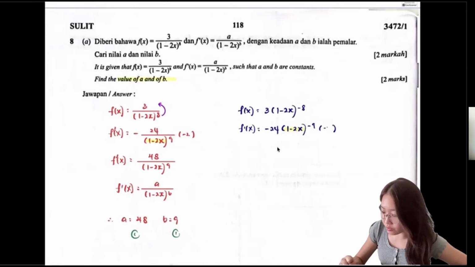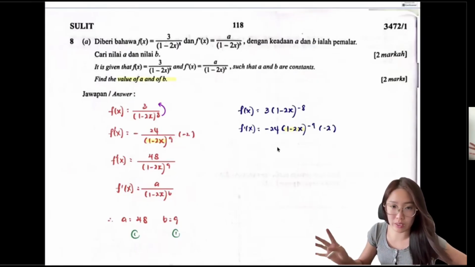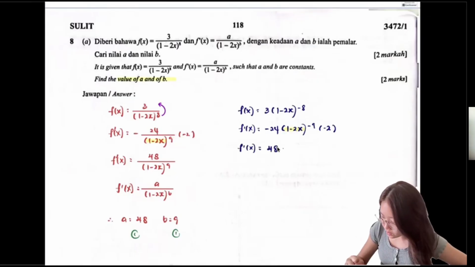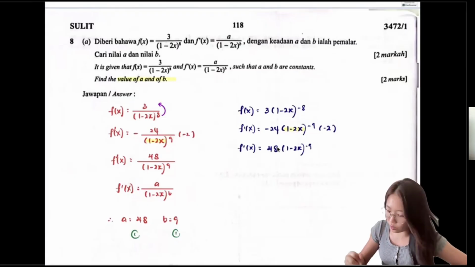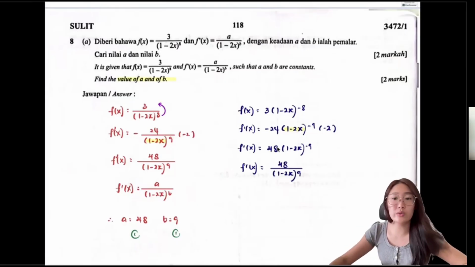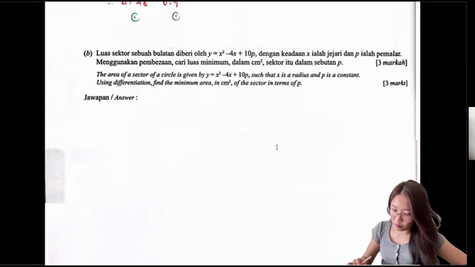When you have a bunch of things in your power, you have to open up another bracket to differentiate it. So here you will get positive 48 times (1 minus 2x) power negative 9. But don't leave your answer with power negative. Bring it down. See, you will get the same answer. So up to you, see which one you want to use. This is differentiation.